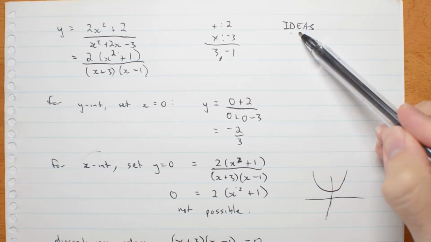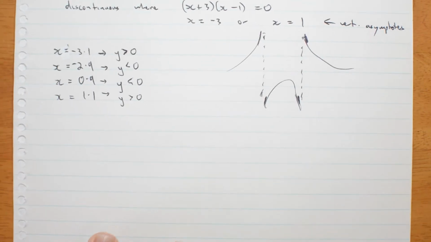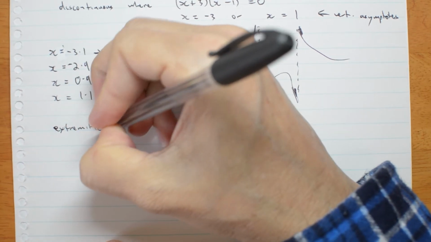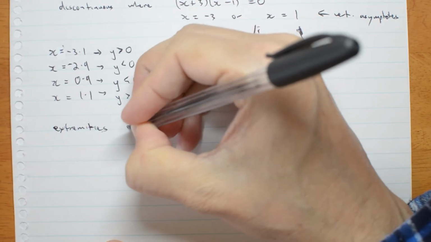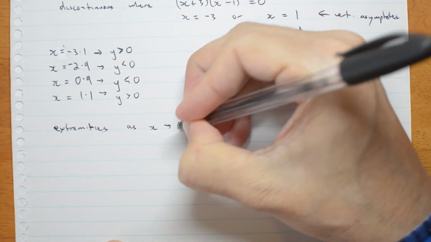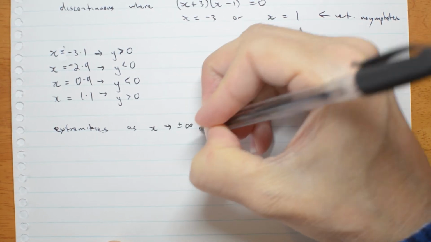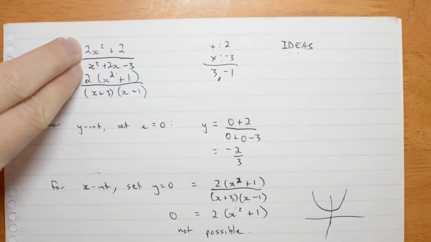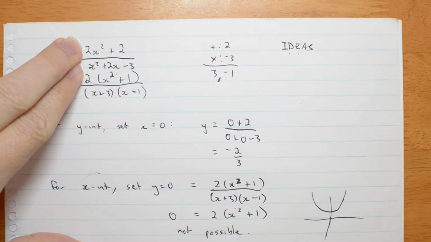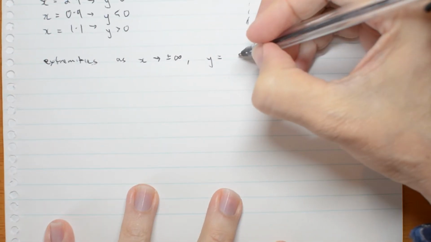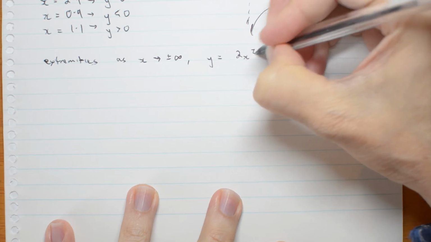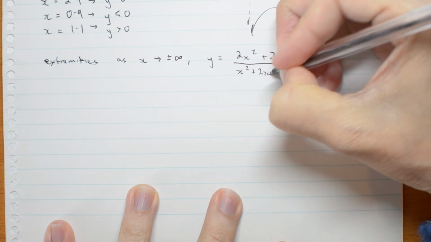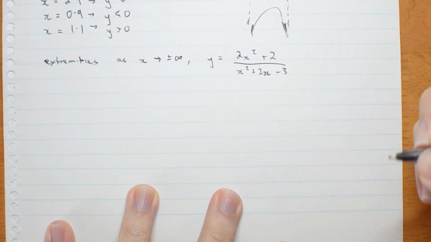Discontinuities, let's look at extremities. As x approaches plus or minus infinity, what happens? Well, remember our trick. I've got two polynomials here. I'm just going to copy them down again. Y is 2x squared plus 2 over x squared plus 2x minus 3.